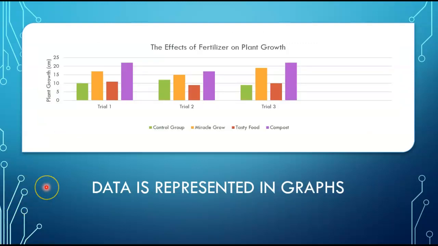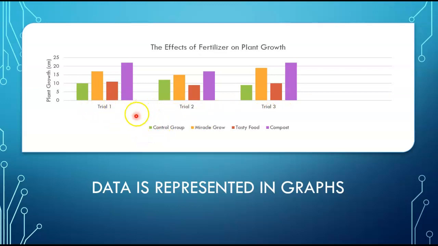So here's the same data, but it's shown in a graph. Again, it says the effects of fertilizer on plant growth, and we do want to read the axes. So the y-axis shows the growth in centimeters, and here's the numbers: 0 centimeters, 5, 10, 15, 20 centimeters. And the x-axis shows the different trials.